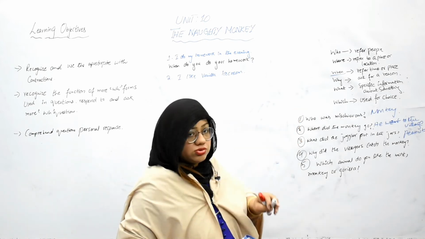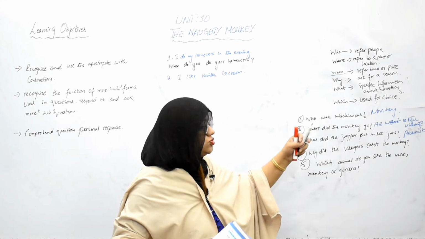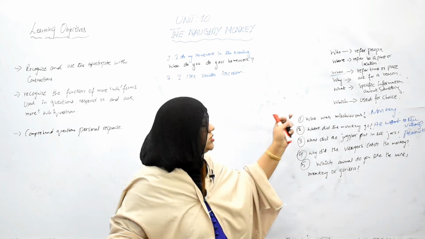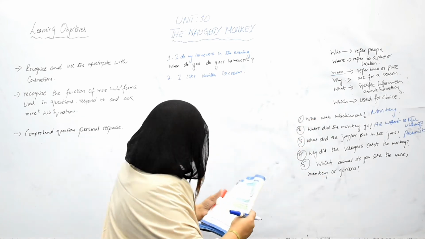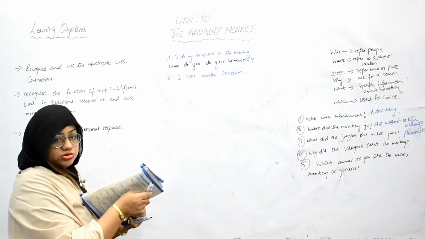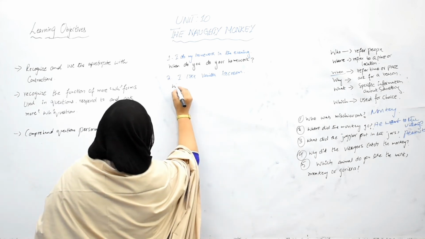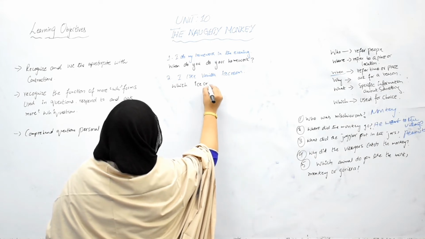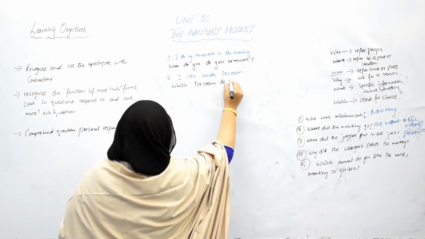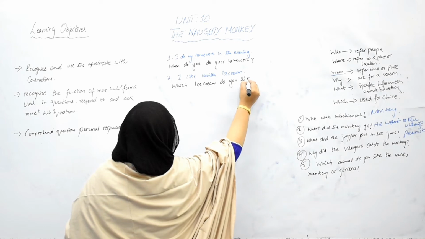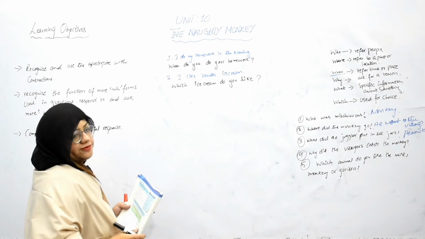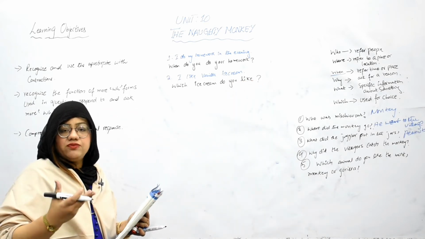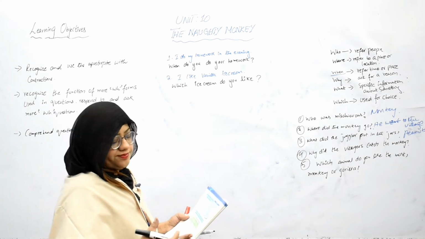So we also know that for the criteria of choice, we use which. So I'm making the question form of this. Which ice cream do you like? And a question mark. So this is the way to make questions.